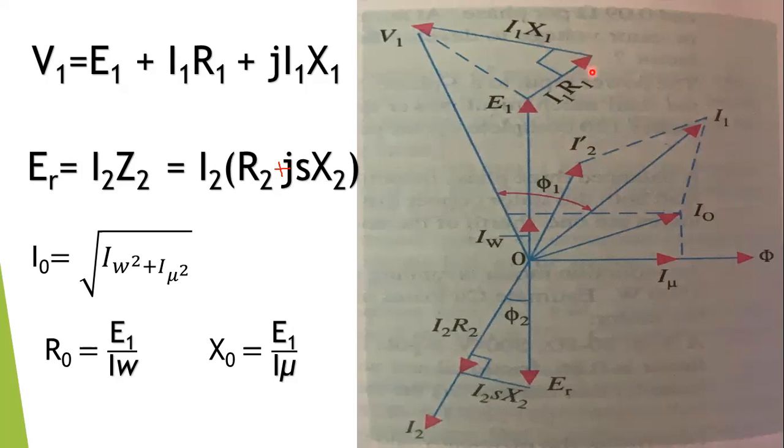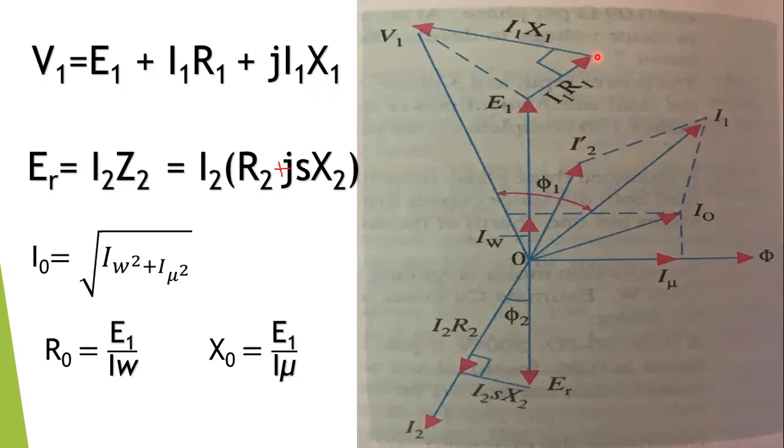And next, for the I1R1 vector, I have to add I1X1. How will I1X1 be? The I1X1 will be perpendicular to I1R1. So I draw one vector, 90 degrees perpendicular, from the ending of I1R1.